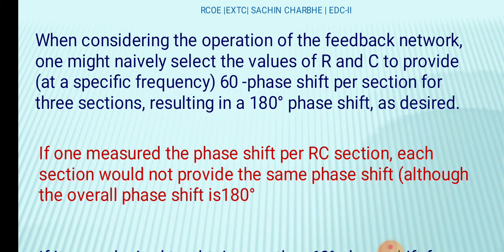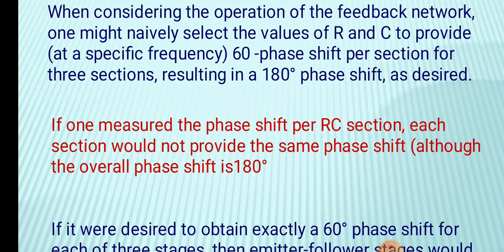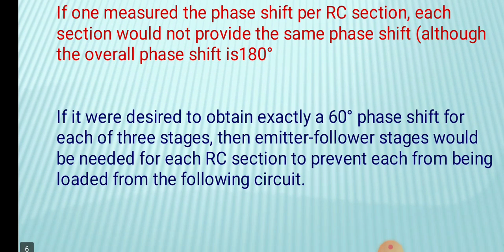If one measured the phase shift per RC section, the sections would not provide the same phase shift, although the overall phase shift is 180 degrees. If it were desired to obtain exactly 60 degree phase shift for each of the three stages, emitter follower stages would be needed for each RC section to prevent each from being loaded by the circuit.